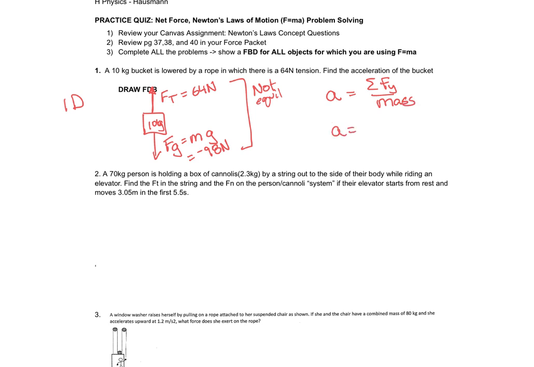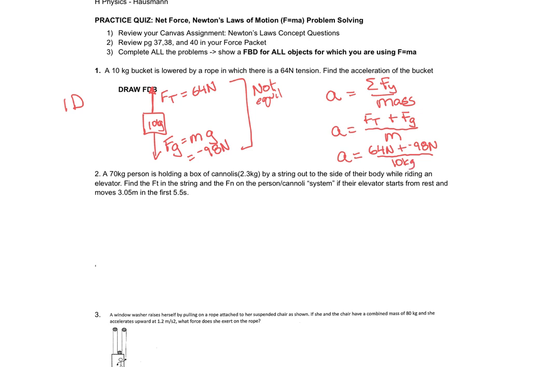And the acceleration is being caused by two forces, and it's important to label what forces they are. Tension plus gravity over the mass. Now we can plug in the values, 64 newtons plus negative 98 newtons, all over a mass of 10 kilograms.